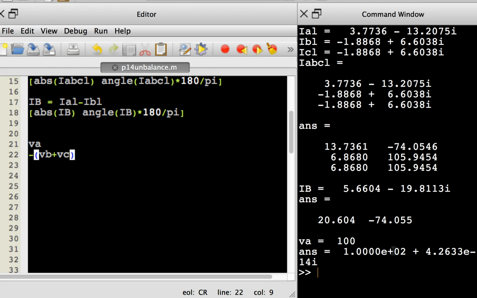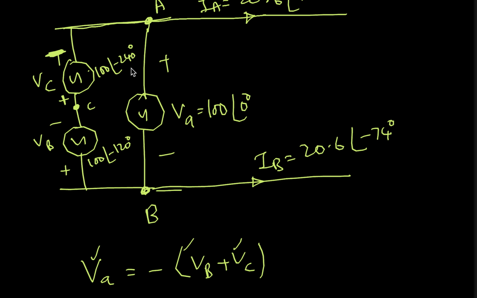On the screen you can see 100 and this is also 100 and 4.2 e to the power of minus 14, so the imaginary component is almost not there. Both are equal actually. So we have two parallel paths with the same voltage, so they will share the current in the same value. Therefore the current here is IAS, and this current, in fact the current will be reversed now, ICS and IBS.